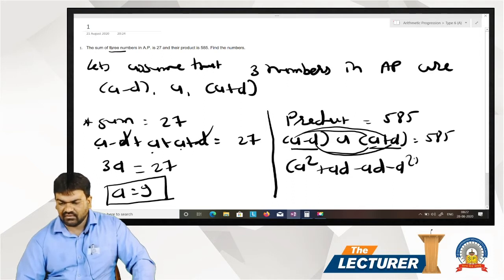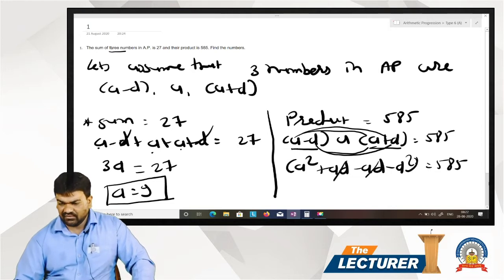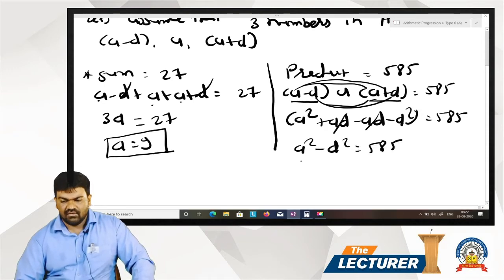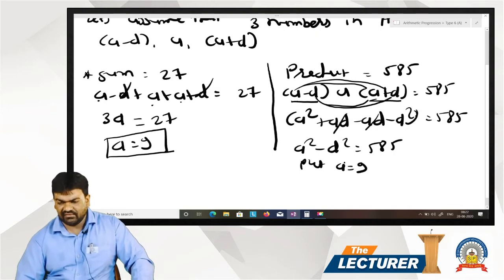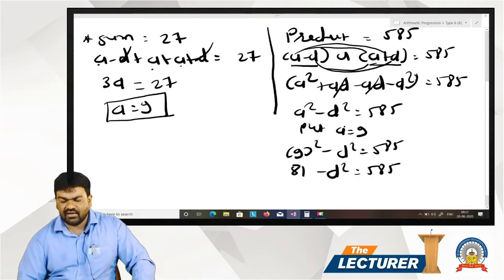AD plus minus cancel, so A square minus D square is equal to 585. Put A is equal to 9, because we are getting A is equal to 9. 9 square 81 minus D square is equal to 585.